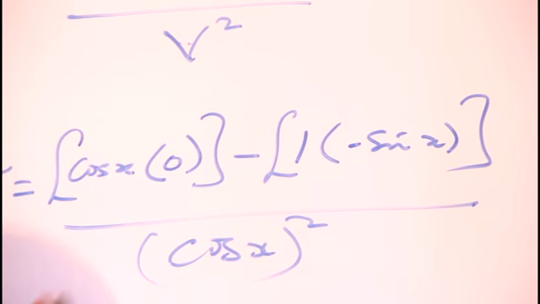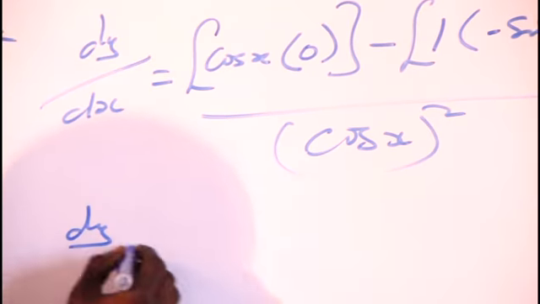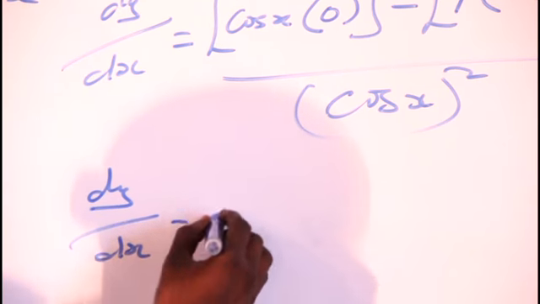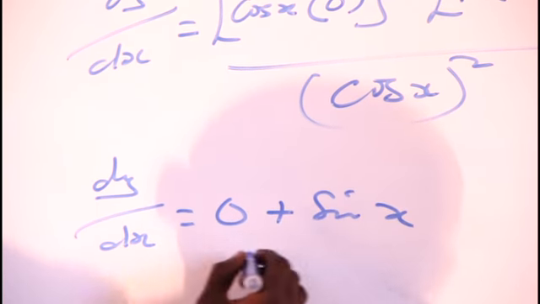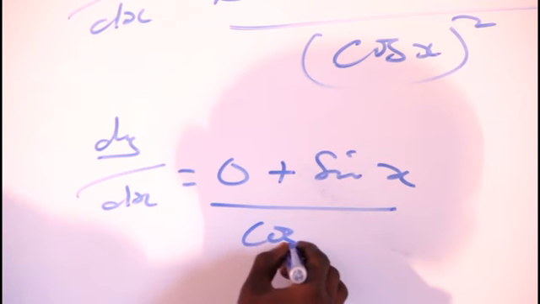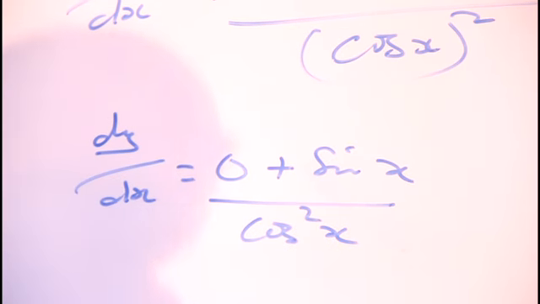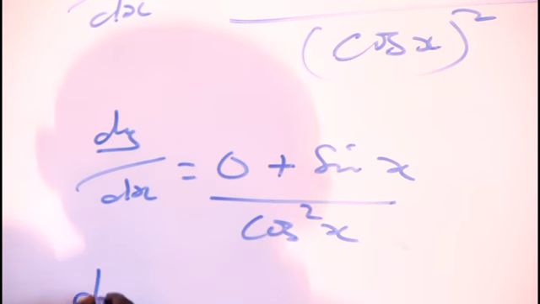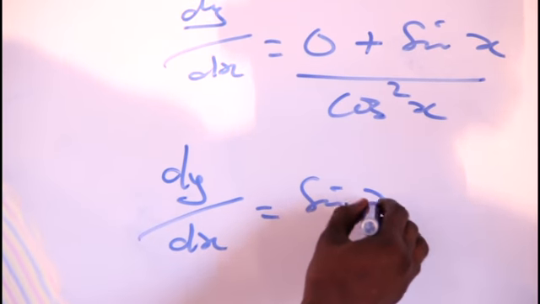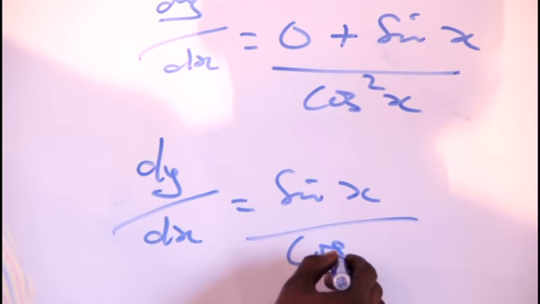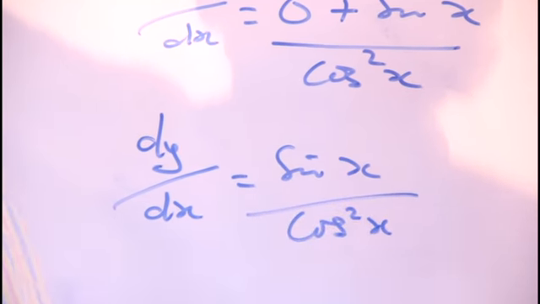So this 0 will annihilate this. You end up having dy over dx equal to 0 plus sine x all over cos x squared. That means dy over dx is equal to sine x over cos x squared.